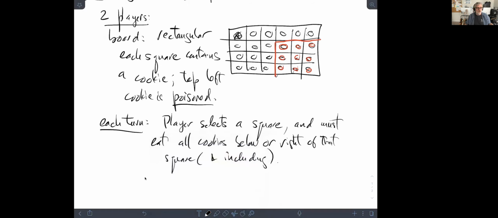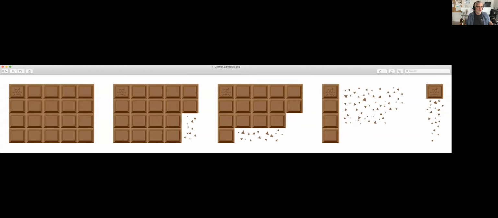Let me show you an instance of the game. Here's one I stole from Wikipedia. They made it look like a chocolate bar, which is kind of cool. On the left you see the original rectangle, and the top left is poisoned.